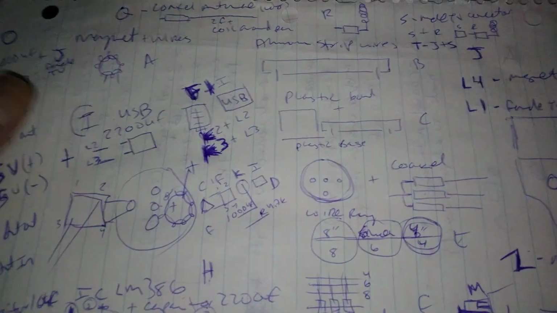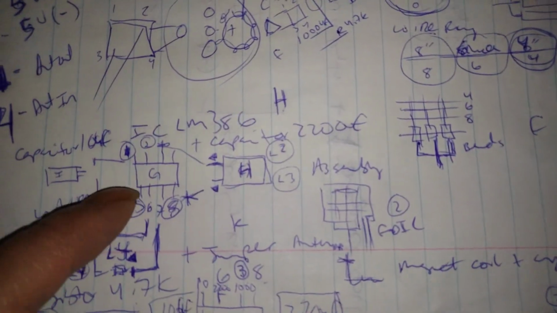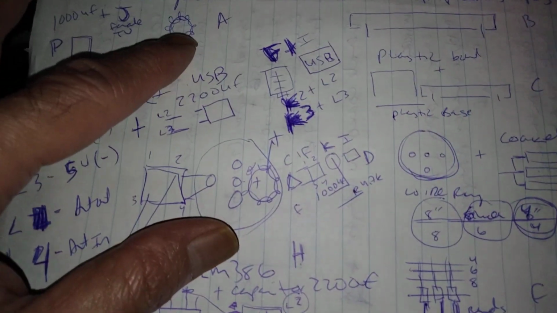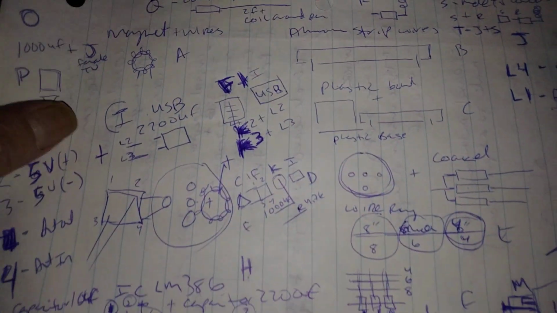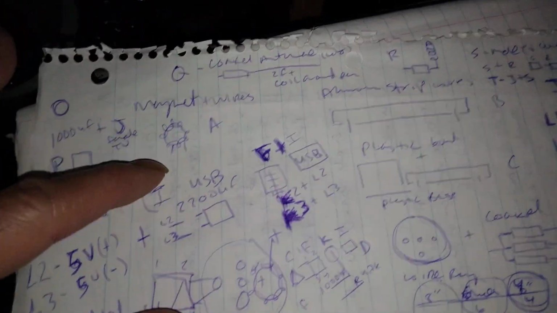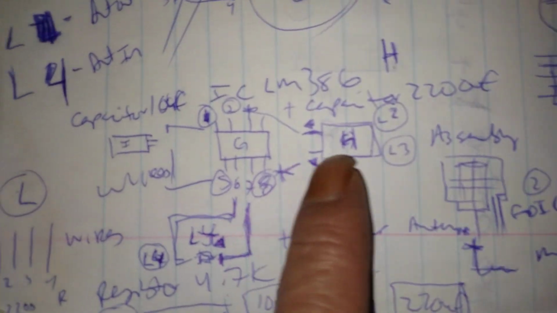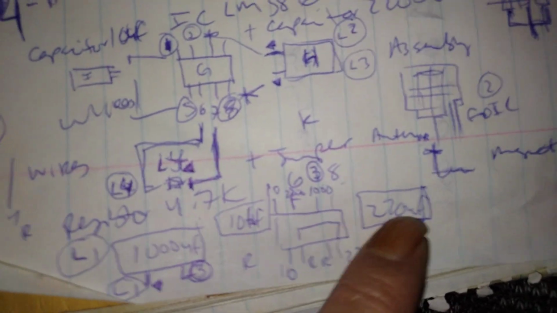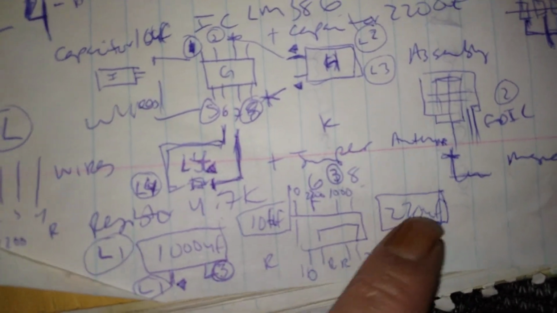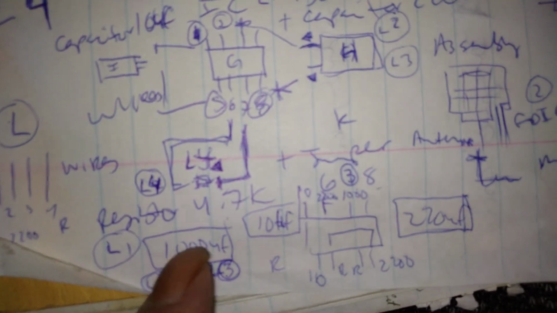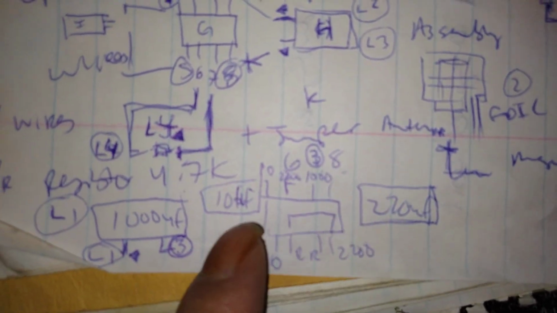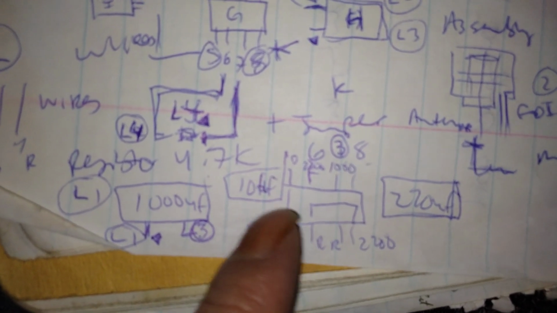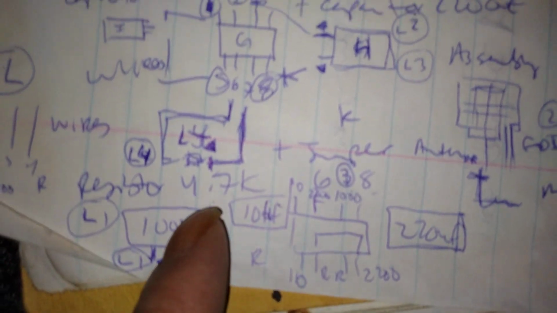Notes, and I drew pretty much the circuit, and this is a magnet coil, and some of the specifications, whereas there's going to be a large capacitor on the voltage in and out, and there's going to be a small capacitor, 1000, 2000, 200, and there could be a smaller one, and then there's a resistor, which I drew right here.